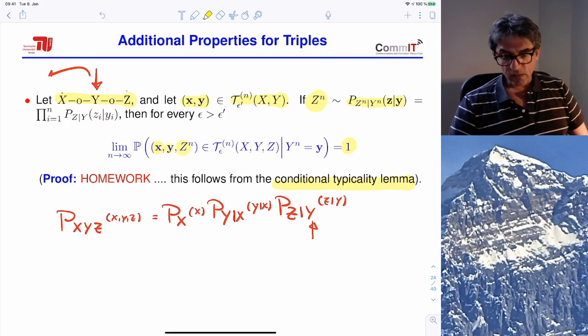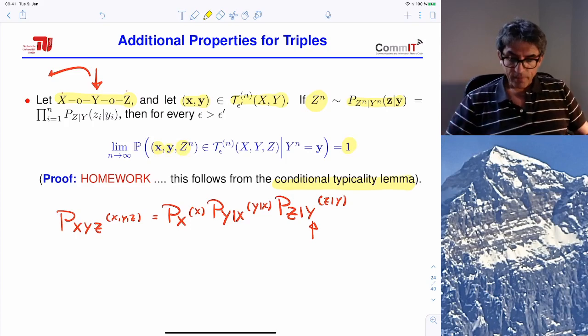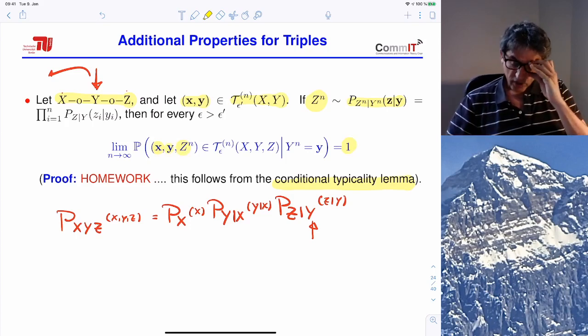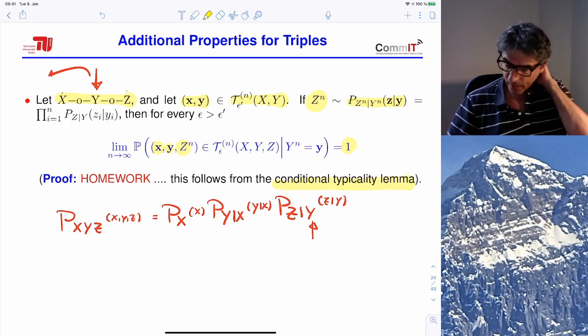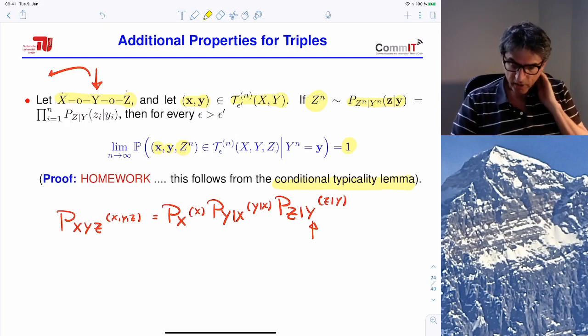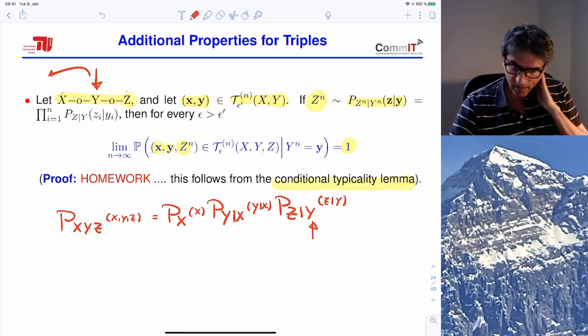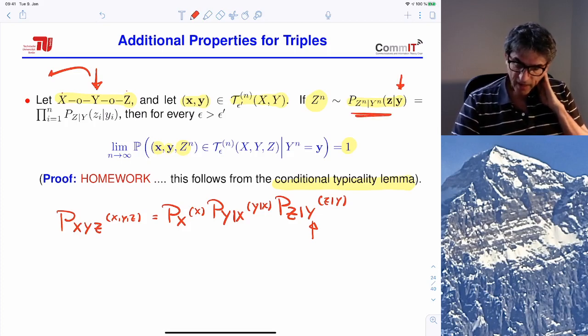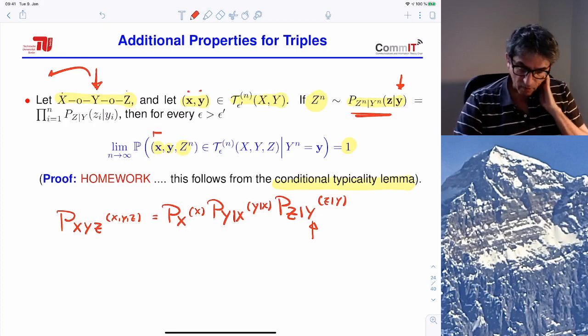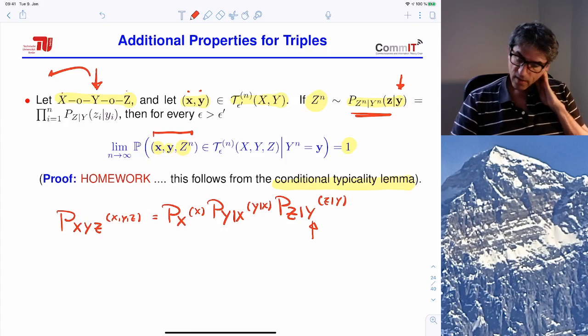So this is the same idea as the conditional typicality lemma, but applied to this Markov chain.